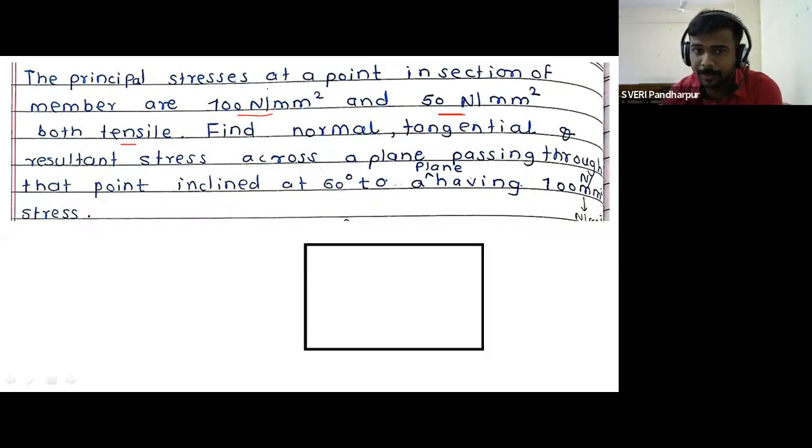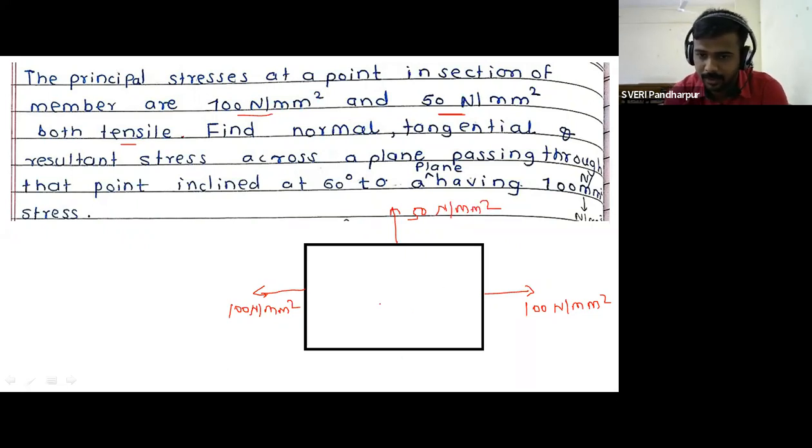So the two principal stresses are there. One is 100 Newton per mm square. So represent on the figure. So this is 100 Newton per mm square. Both are tensile. So another, this is also 100 Newton per mm square. Another stress is also tensile, which is equal to 50 Newton per mm square.